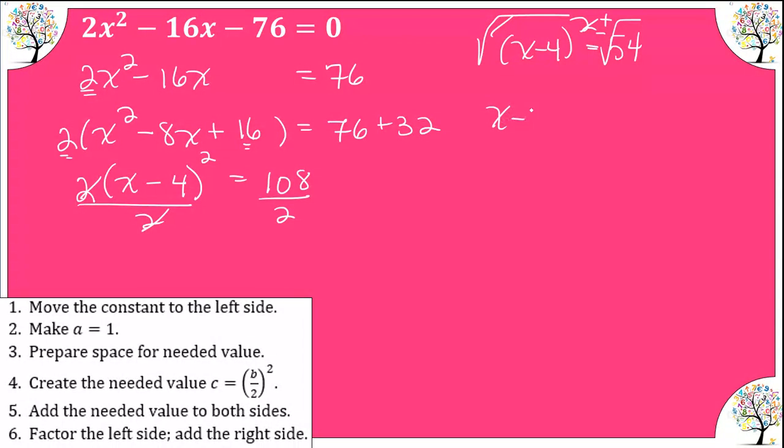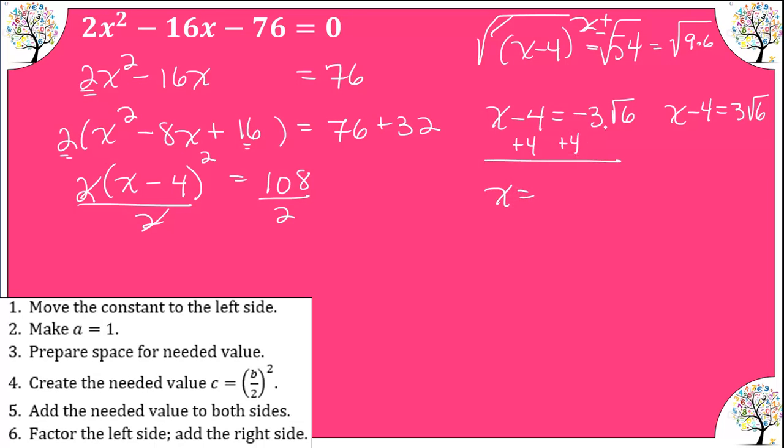We have x minus 4 equals negative, and this is really broken down into 9 times 6. We take the square root of 9, which is 3, radical 6, and then we also have the positive root. We're going to add 4. We cannot combine this 4, this integer, with this radical expression, so we simply write it 4 minus 3 radical 6.